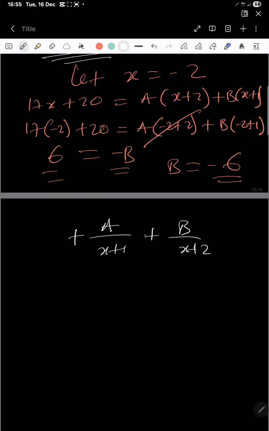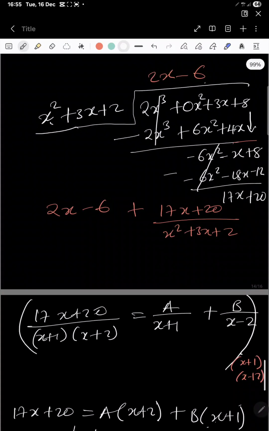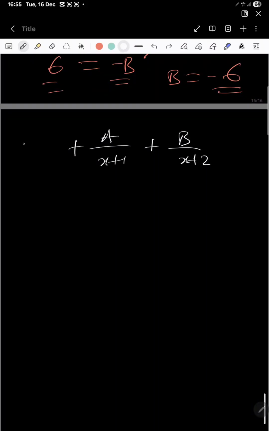But remember, we said that the answer that you get for this should be combined with the one we left. We left this one here, which is 2x minus 6. So the 2x minus 6, we put it here like that.